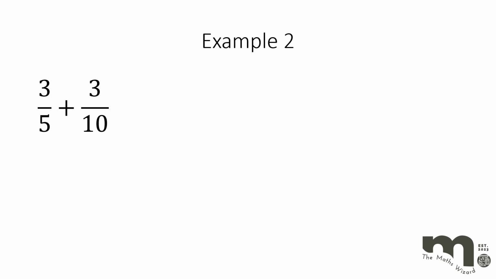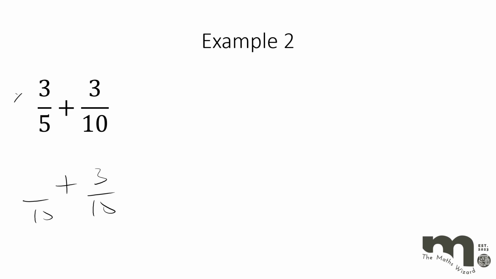Okay, so next example here, we've got 3/5 add 3/10. Now, first question to always ask yourself is, if you look at the smaller denominator, does that smaller denominator go into the larger denominator? If it does, you only need to change one of your fractions. So here, 5 goes into 10 twice.